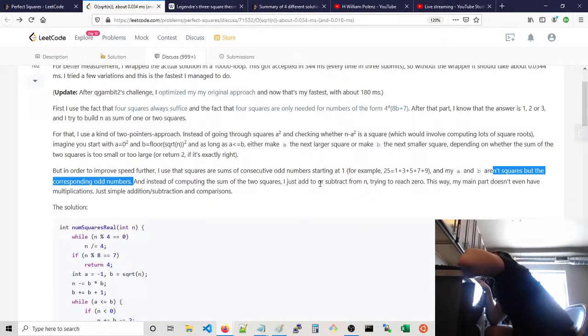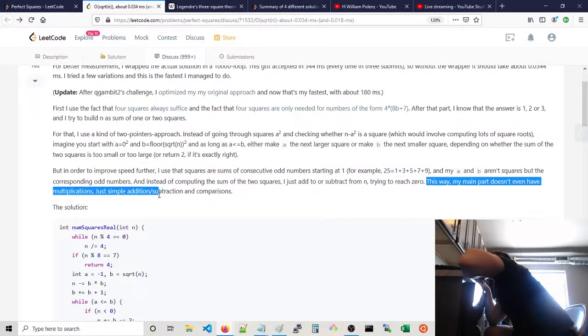Instead of computing the sum of the two squares, I just add to or subtract from n, trying to reach 0. This way my main part doesn't even have multiplications, just simple addition, subtraction, and comparisons.